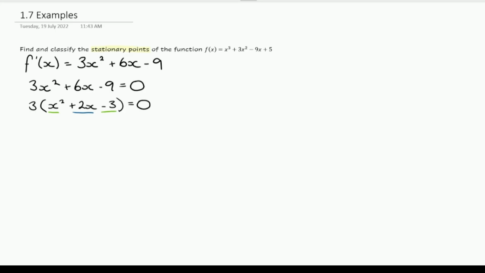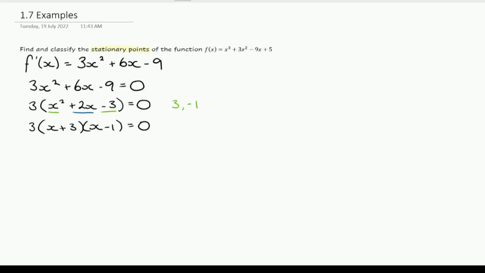The only two numbers that I can think of that are going to give me this should be 3 and negative 1. So fully factorizing this expression now, I'll get 3 and I'll have x plus 3 as well as x take 1 equal to 0.